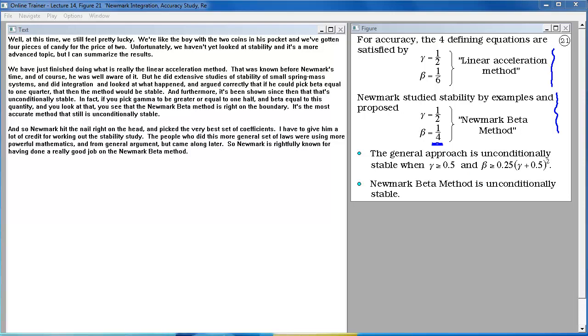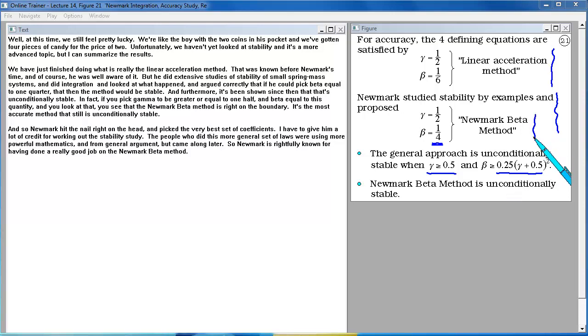In fact, if you pick gamma to be greater than or equal to 1/2 and beta equal to this quantity, you see that the Newmark Beta Method is right on the boundary. It's the most accurate method that still is unconditionally stable. And so Newmark hit the nail right on the head and picked the very best set of coefficients.